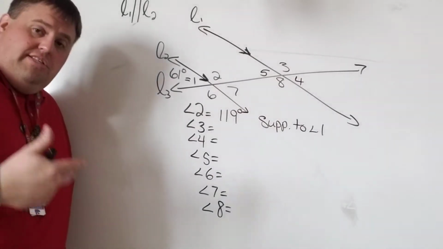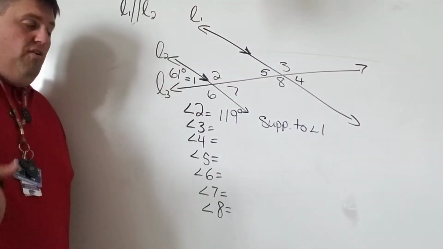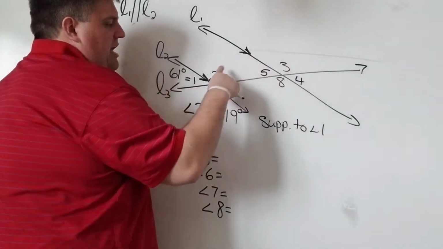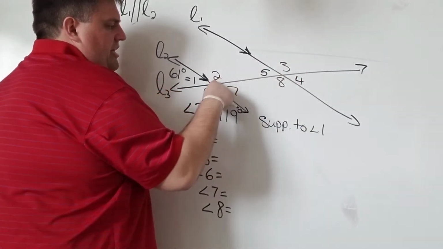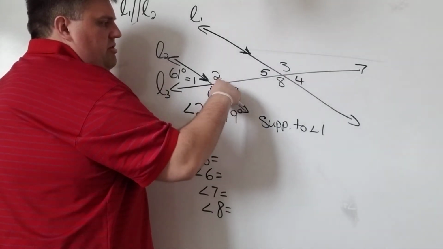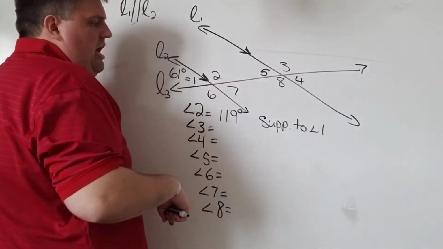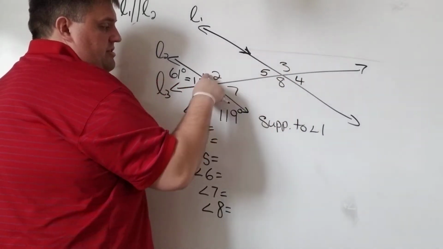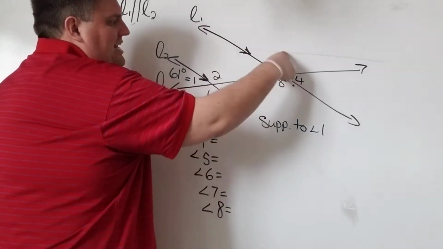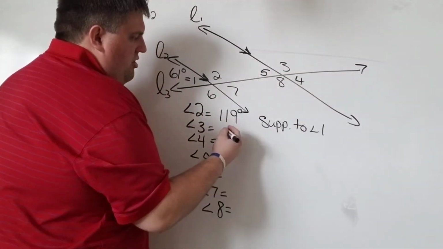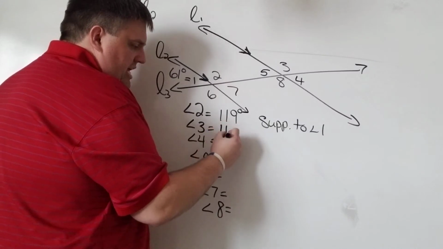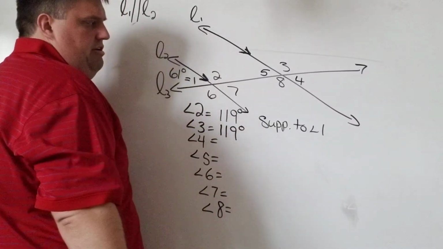And we're going to do this for all these angles. So now we look at angle 3. Well, I know that angle 2 and angle 3 are related to each other as well, right? Angle 2 and angle 3 are congruent angles, because those were the words that we talked about. They are corresponding to each other. So I'm going to say that if angle 2 is 119 degrees, angle 3 has to also be 119 degrees, right?